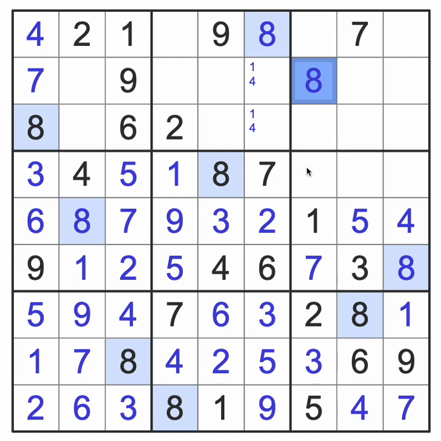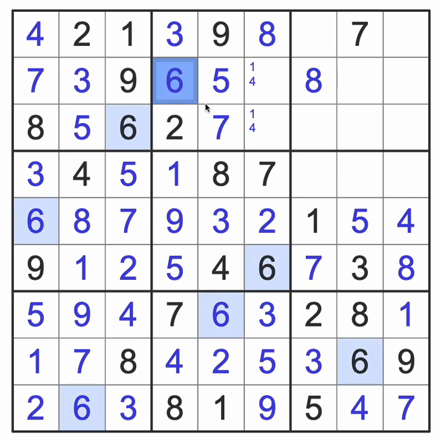4, 6, 9. I suppose that's not what I'm looking for. Yeah, these two cells will be 5 and 7. So this 7 makes this cell 5, makes this cell 7. Yeah, 5 is missing from this box, so this 5 makes this cell 5, and this is 3. 3 is missing from this column, so 3 has to come here, and the last number here is 6.